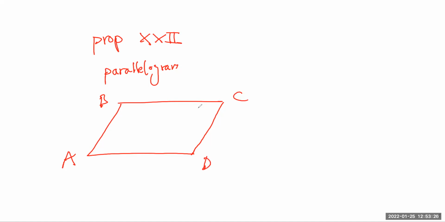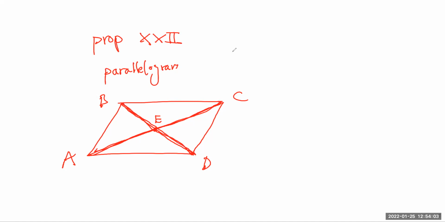This proposition says that if you draw a diagonal, B to D, that's a diagonal, and A to C, you're going to cross at a point in the interior. Let's say this crossing point is E. When you do this, this line is a bisector of this line, and also this line is a bisector of that line.